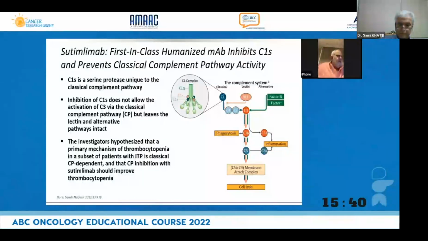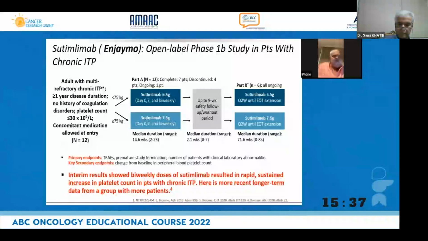Next slide. This was explored in an open-label phase 1b study in patients with chronic ITP: adults with multi-refractory chronic ITP, more than 1 year of disease duration, no history of coagulation disorders, and platelet count less than or equal to 30,000, with concomitant medication allowed. It was a very small cohort of 12 patients.